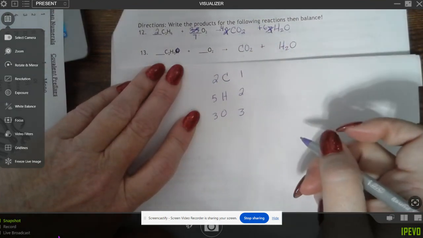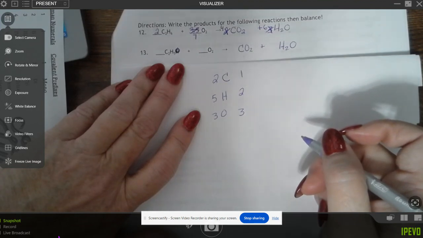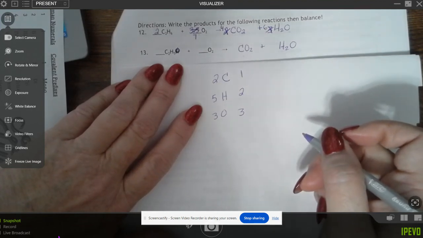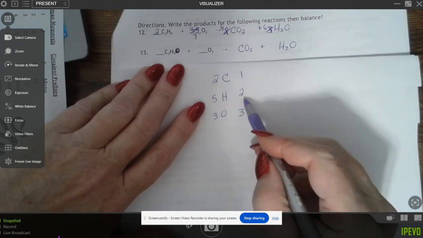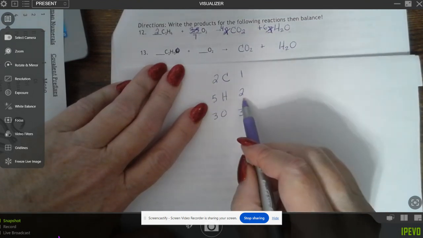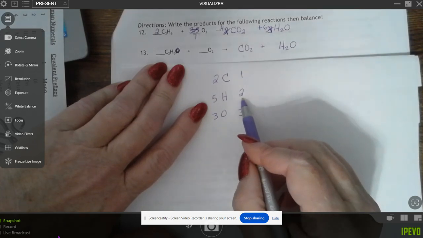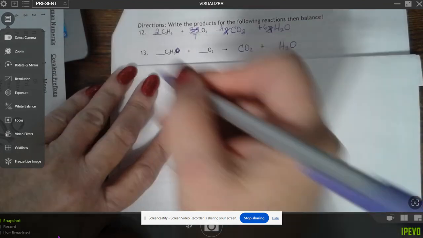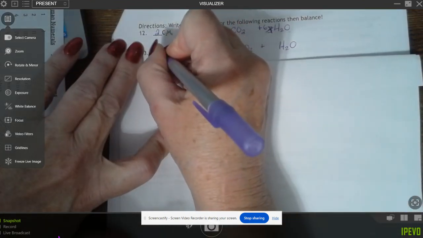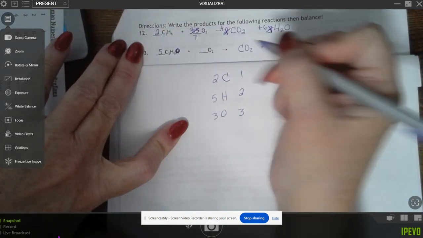Okay, this one's interesting, isn't it? Because we've got 5 hydrogen and 2 hydrogen. So if you think about that, the least common multiple of 5 and 2 is 10. So I'm going to put a 5 here. No, sorry.